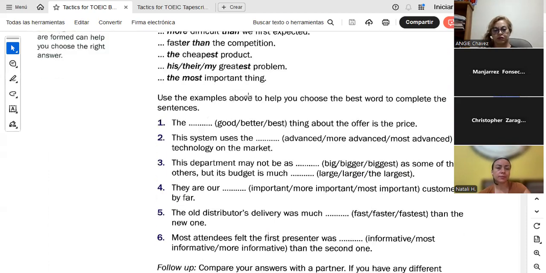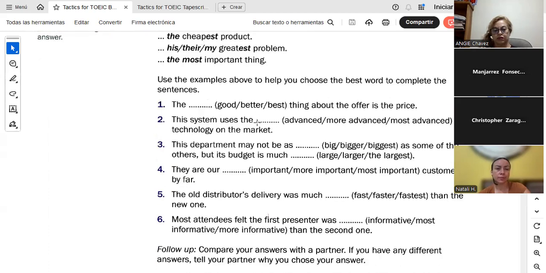Okay, use these examples above, talking about comparative or superlative sentences, to answer these six sentences, please, guys. So you can type them. Number one: the best thing about the offer is the price.